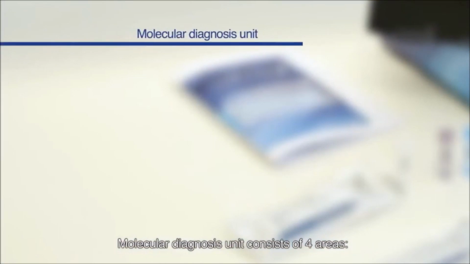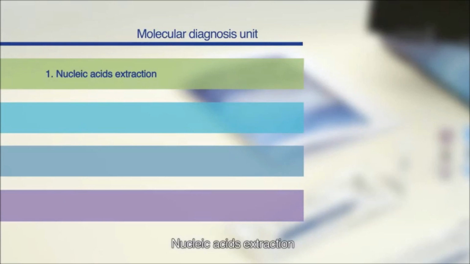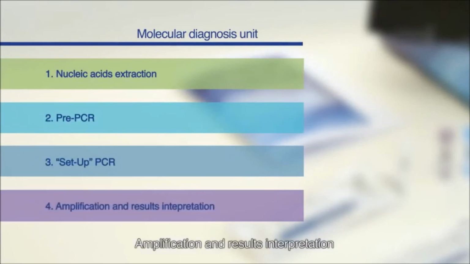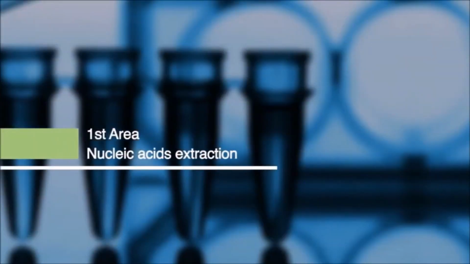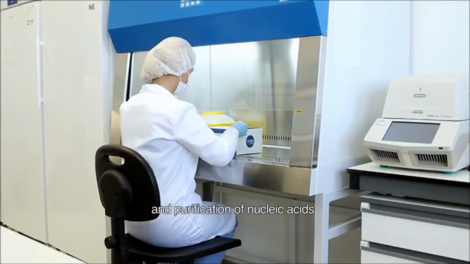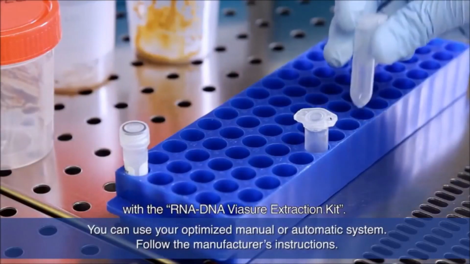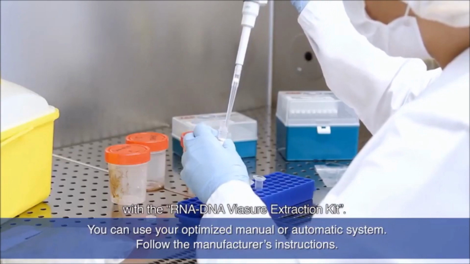Molecular diagnosis unit consists of 4 areas: nucleic acids extraction, pre-PCR, setup PCR, amplification and results interpretation. The first area aims to process potentially infectious samples and subsequent extraction and purification of nucleic acids with the RNA-DNA BeAssure extraction kit.